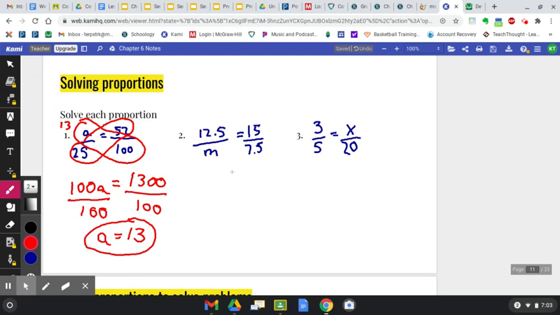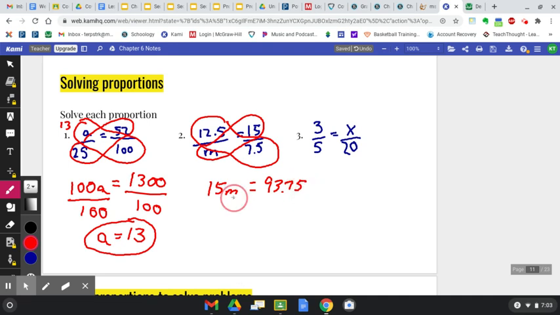So let's look here. And you'll see that it doesn't matter the order in which you do the multiplying. I always pick the variable first, just because I like it on the left side of my equation. And you'll see a pattern that emerges here, right? So we got 15 times m, and then 12.5 times 7.5 is going to give me 93.75.